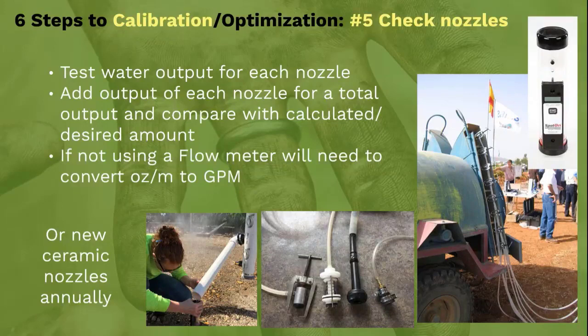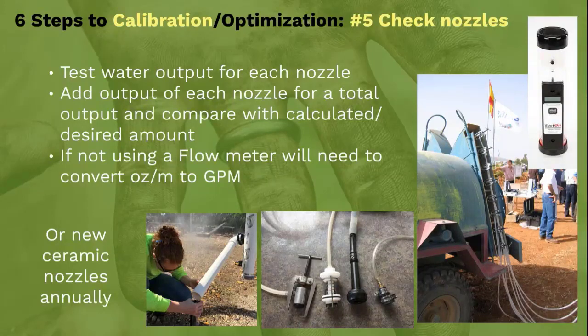If any of the nozzles are off, then you need to replace them. Alternatively, you can relieve yourself of this step and simply make a management decision that at the beginning of the season, you will replace the nozzles with ceramic material nozzles that you know will be good. This is a management style. You can check them all or replace them.